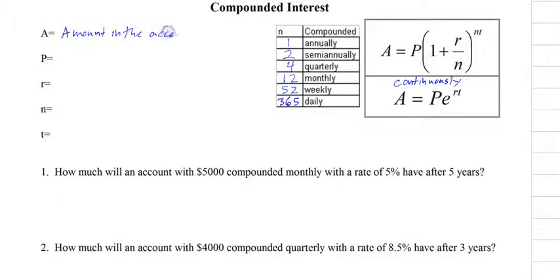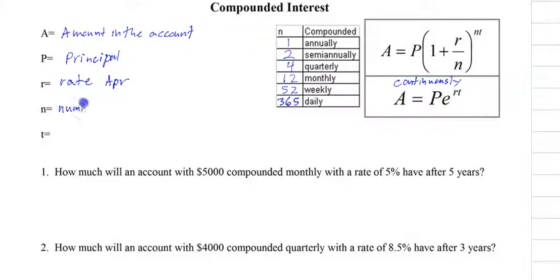It's your balance. P is your principal. It's the amount that you've invested. R is your APR. Don't confuse this with APY, but it's your rate. So your APR.